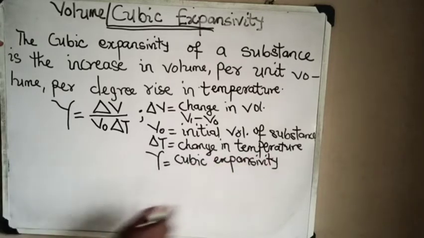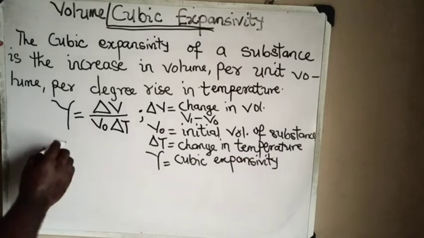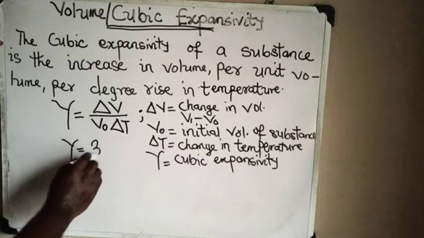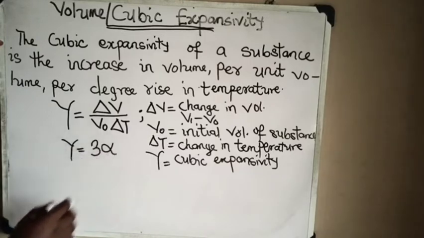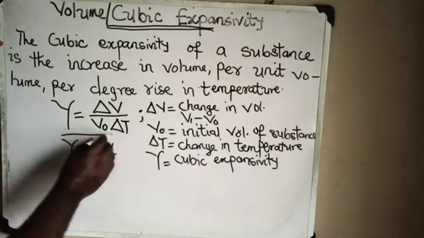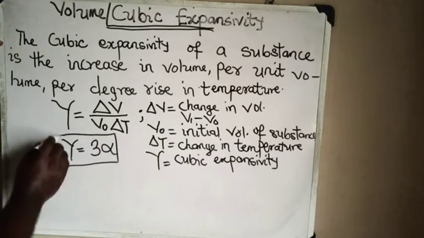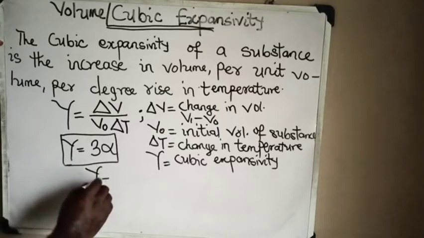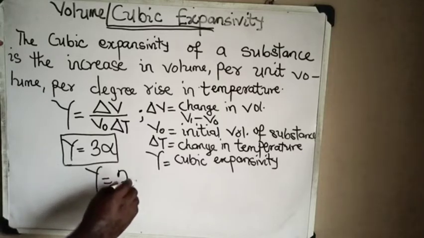Now also, our gamma is always three times the linear expansivity. Have this in mind, and it is also two times the area expansivity.